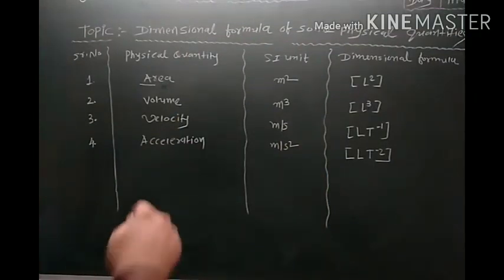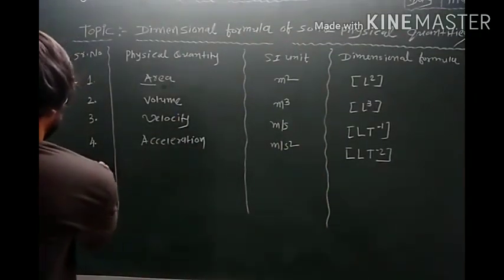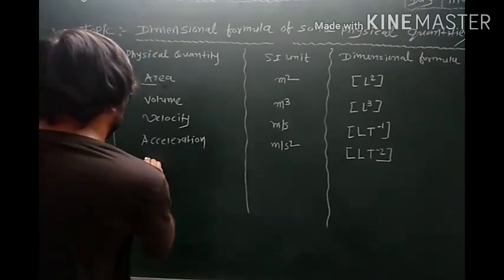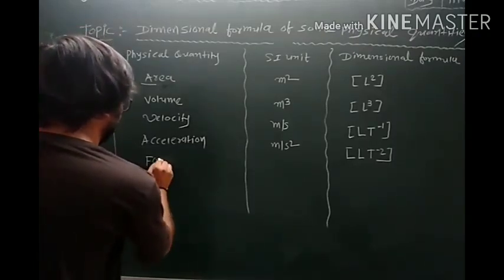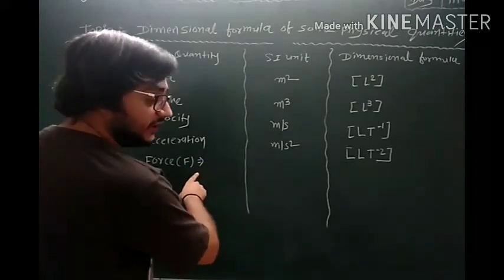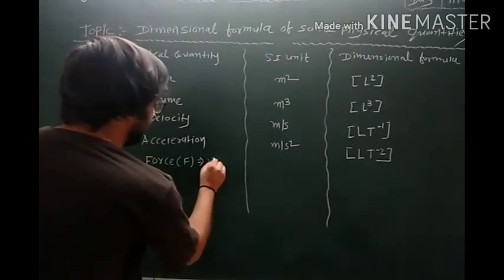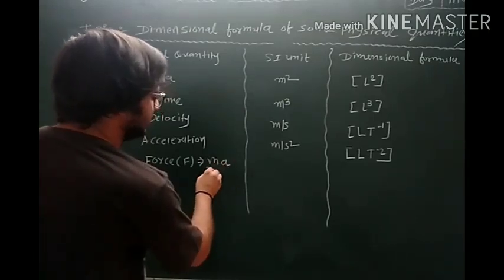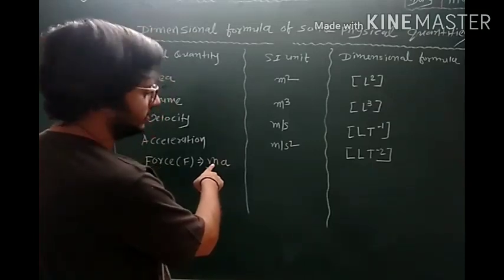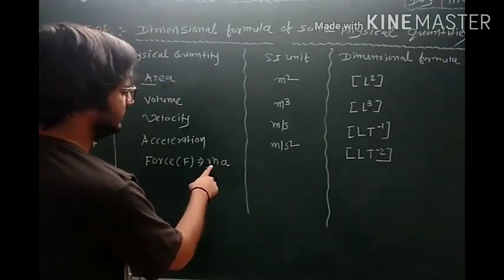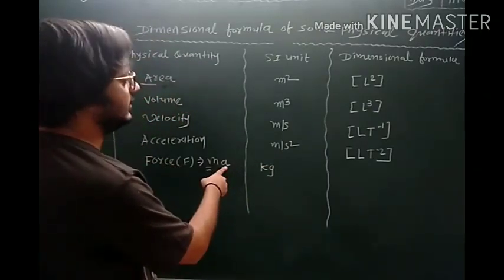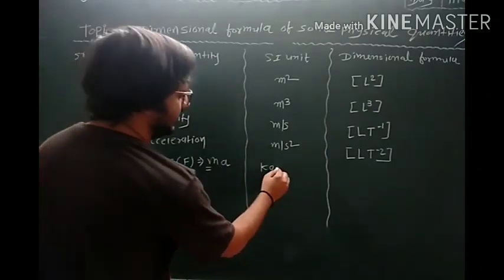Now we take another physical quantity, that is force. The formula of force from Newton's second law is F equals m a. Here m is the mass of the given object and a is acceleration. Mass is measured in kilogram and acceleration in meter per second square.